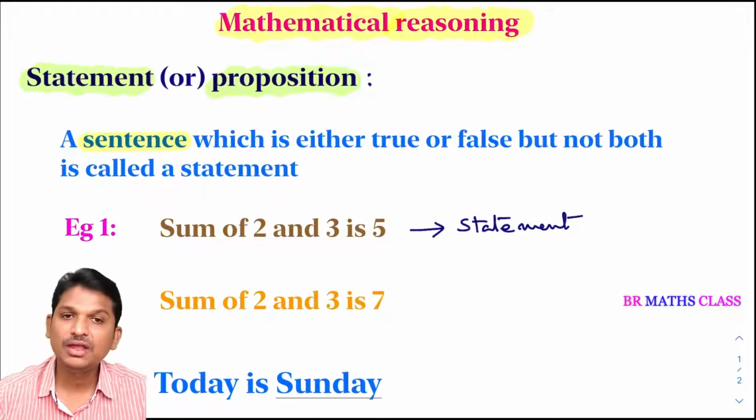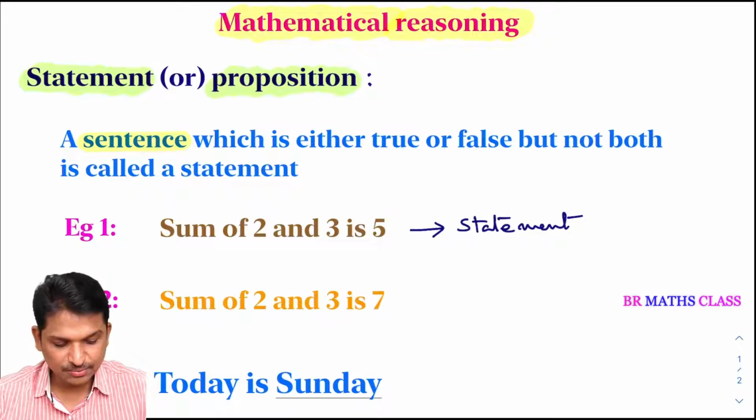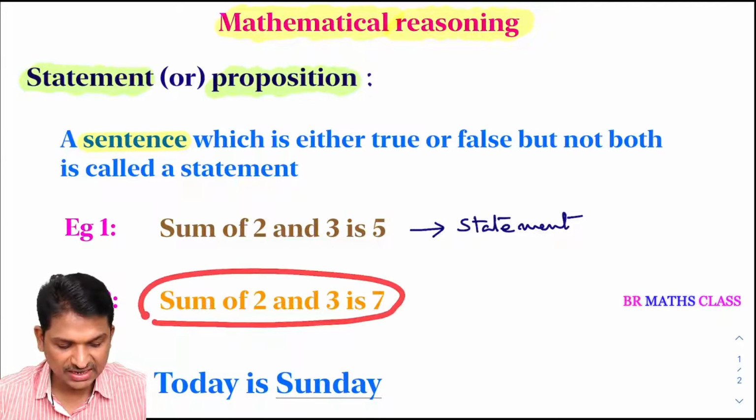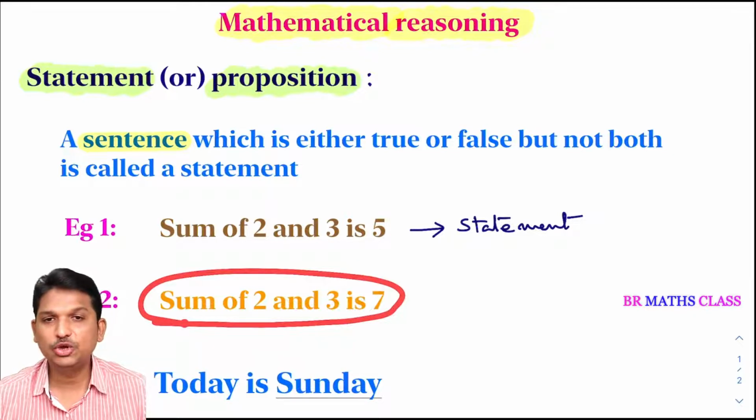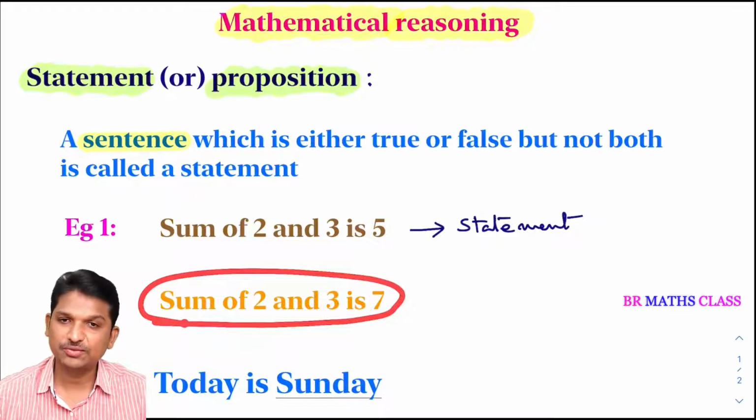Okay. Now you observe this example. Sum of 2 and 3 is 7. Actually we know that the sum of 2 and 3 is 5, but in this sentence they have written it like this. It is a sentence. Can we declare whether it is true or false? Clearly we can say that it is a false sentence.